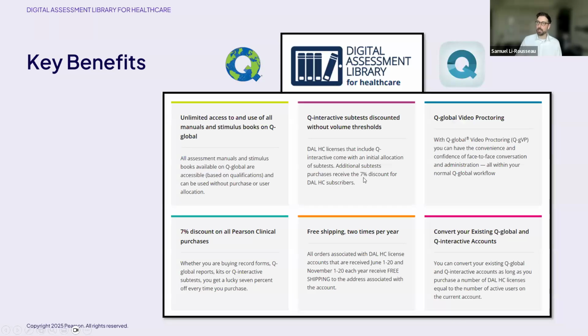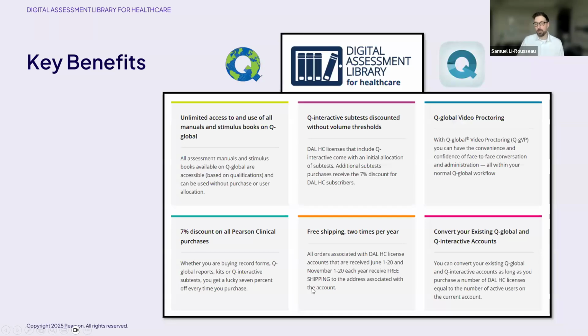So typically, if you are a prepay customer for Q Interactive, you were probably used to having to purchase a set number of subtests in order to get the tiered pricing. Now, with this option, you're not tied to those tiered pricing options. So you could purchase 50 subtests, 100 subtests, 500 subtests, however many subtest usages that you want, and you'll still get that discounted rate per subtest.